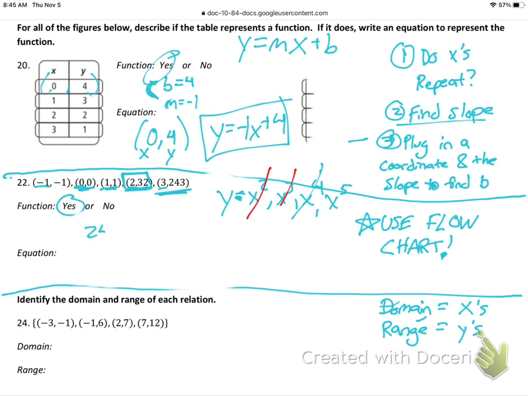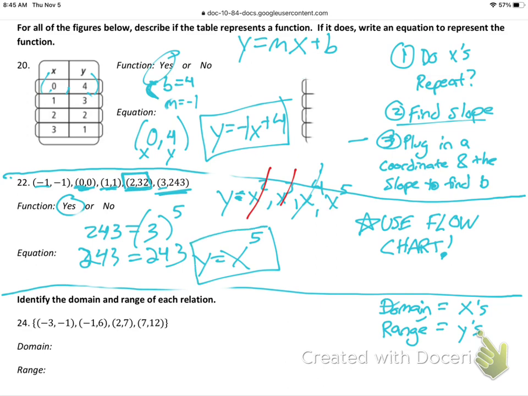So it's 243 equal to 3 to the fifth power. And that would be 3 times 3 times 3 times 3 times 3. You can just do that in the calculator. And that would be 243. It's equal to 243. So your final answer would be y equals x to the fifth.